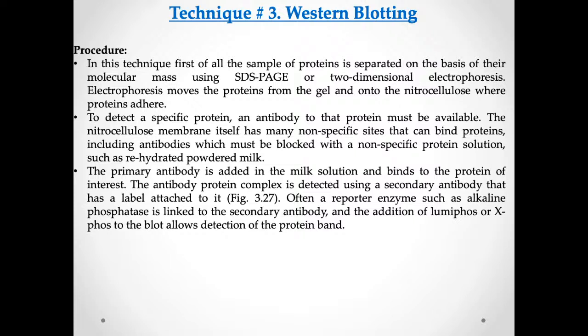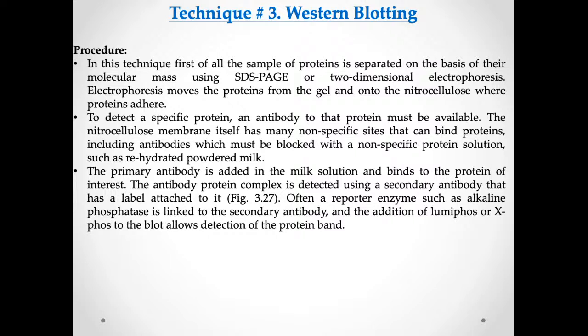In this technique, first the sample of proteins is separated on the basis of their molecular mass using SDS-PAGE or 2D gel electrophoresis. Electrophoresis moves the protein from the gel onto the nitrocellulose membrane, where the proteins adhere, and to detect the specific protein, an antibody of the protein must be available.